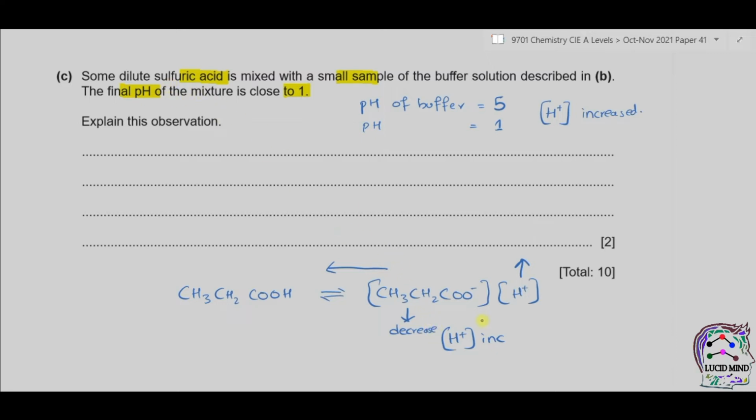As we have an excess of sulfuric acid, the concentration of H⁺ ions will keep increasing until no more propanoate ions will be present. So now we can write that all of the propanoate ions have been protonated, and when they are protonated, they are converted into propanoic acid.